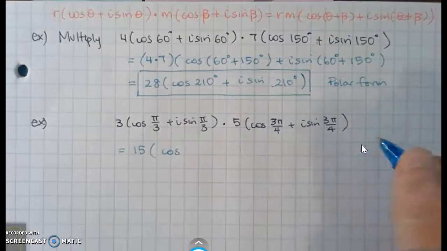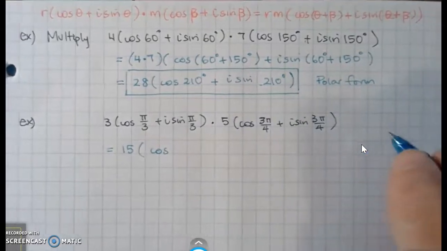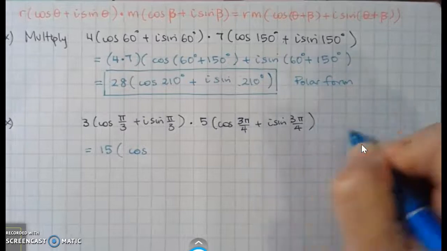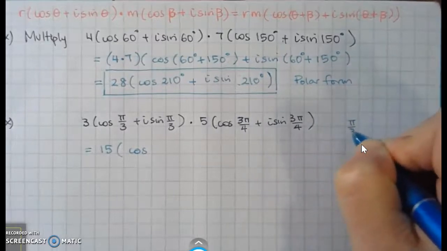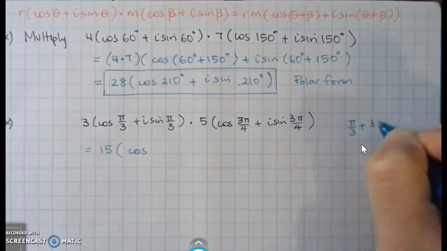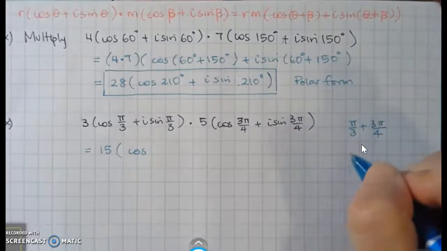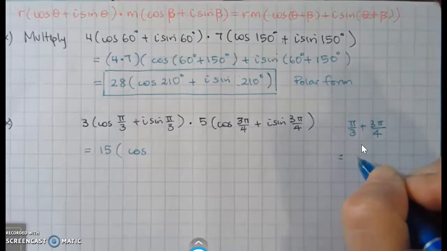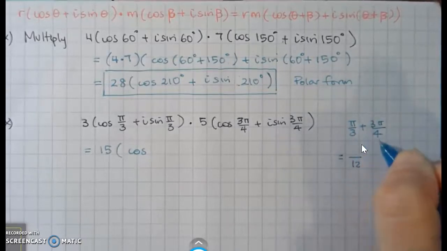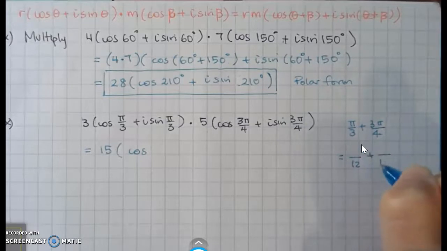I'm going to do my math on the side. Okay, so pi over 3 plus 3 pi over 4, they do not have the same denominator. So what I need to do is convert it to have the same denominator. The lowest common denominator is 12.